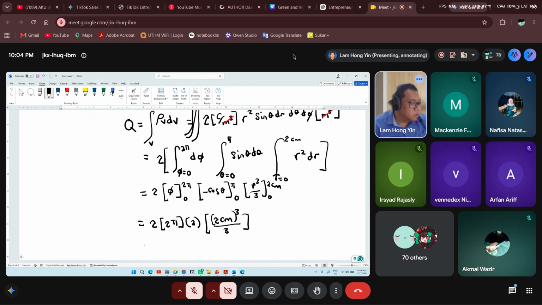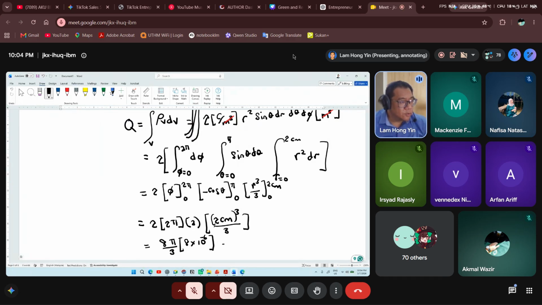So eventually you should get 8 divided by 3, times 10 power of negative 6.